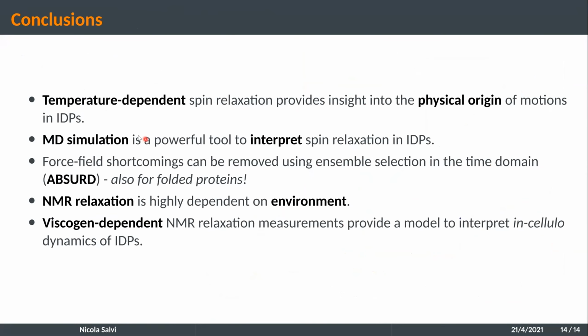So to conclude, I showed you that temperature-dependent spin relaxation provides insight into the physical origin of motions in IDPs, and that we can also use MD simulation to understand a little bit better these motions, and that NMR relaxation is highly dependent on the environment, and a lot of this dependence can be understood by measuring relaxation as a function of viscogen.